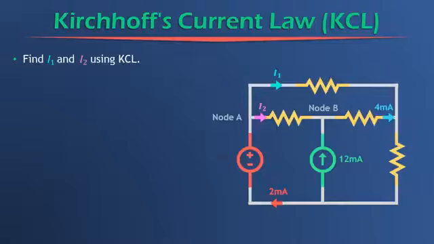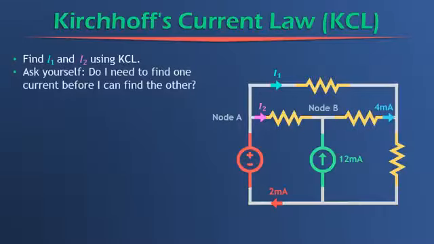And the first thing we should ask ourselves is, do I need to find one current before I can find the other current? So, if I want to find I1, we first need to find the current I2. And if that doesn't make sense, hopefully it'll make sense in a minute or two. So let's write the node equation for node B first, because that's correlated with I2. So the KCL at node B, what is that going to be?